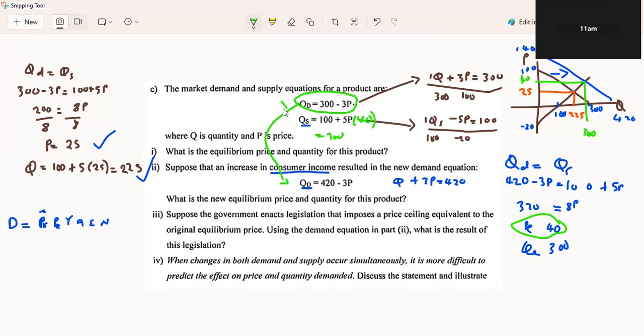A very good mistake to identify now, because the demand changed. This is a new demand, so you cannot use the old demand here. You would rather use the new demand or the old quantity supplied. Is that clear? It is now. All right. Any other questions?